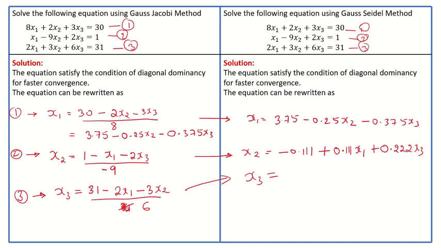So x3 equals 5.16, since 30 by 6 is 5 and 1 by 6 is 0.16, minus 0.33 x1, which is 1 by 3, minus 0.5 x2. So this is the set of equations you are going to get.